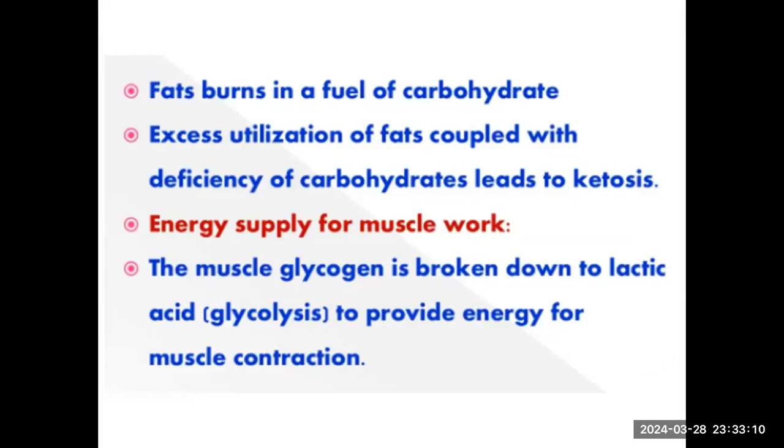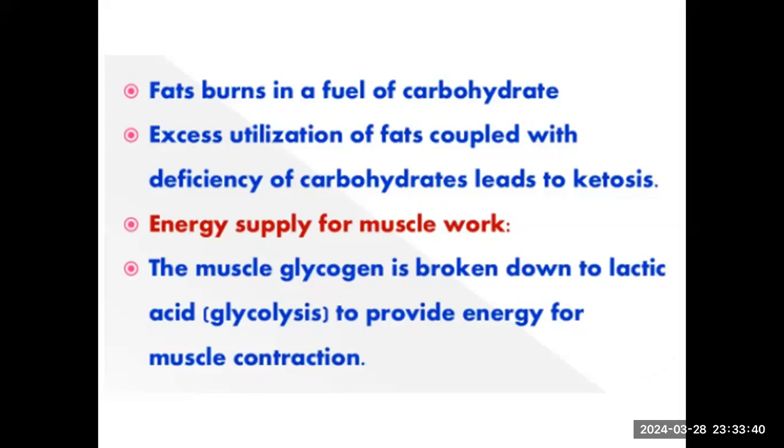The fat is composed of triacylglycerol, glycerol combined with 3 fatty acids. During the digestion process, the fatty acids are released, and then those fatty acids are oxidized through beta oxidation, and we get acetyl coenzyme A, and that is used for the different metabolic processes.